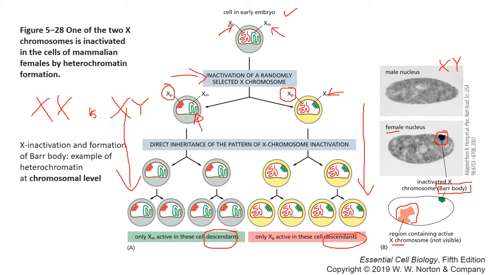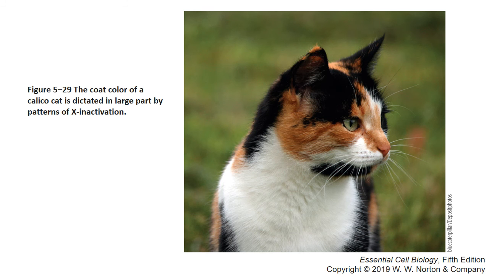Now, a really good example of this at work is when we take a look at calico cats. Let me show you a picture of those. All right, isn't that a beautiful cat? A calico cat is distinguished by these beautiful patches of orange and black fur.